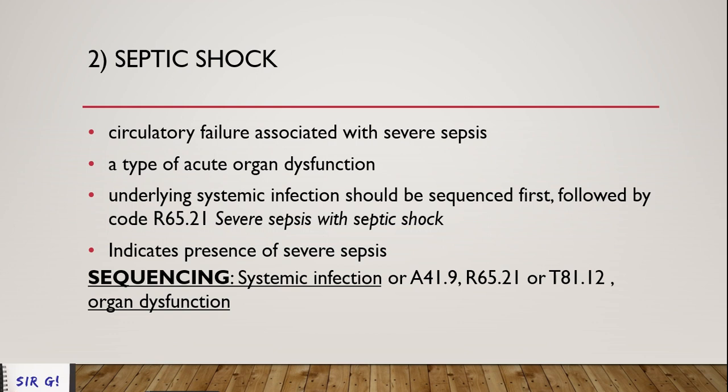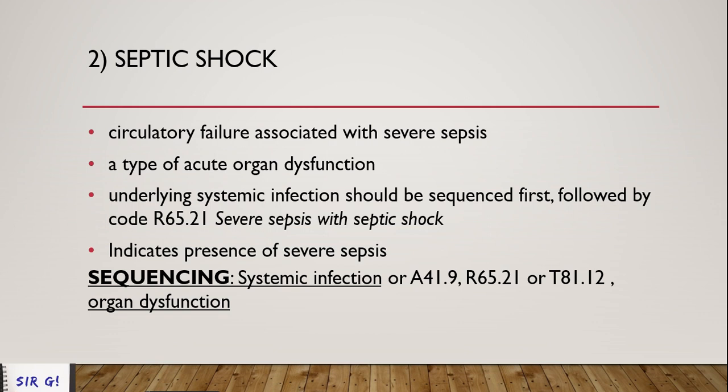So the type of acute organ dysfunction, underlying systemic infection should be sequenced first, followed by your R65.21, severe sepsis with septic shock. I've been mentioning this a while ago, since I've been mentioning about R65.20 if without septic shock, R65.21 if with septic shock.